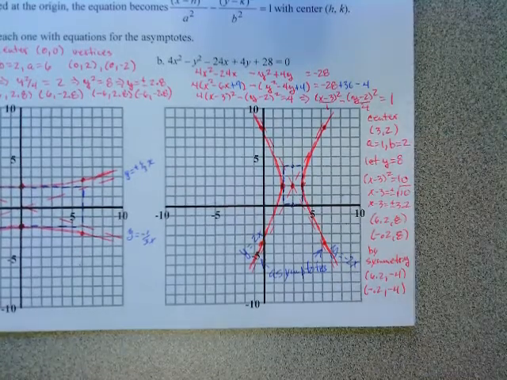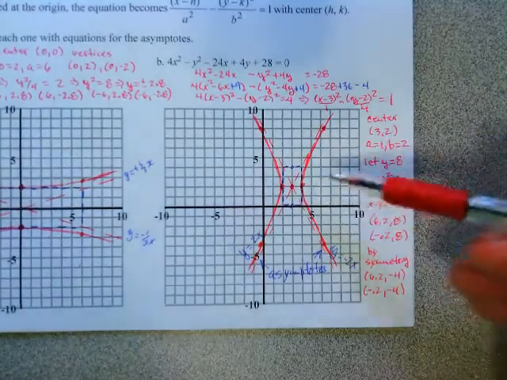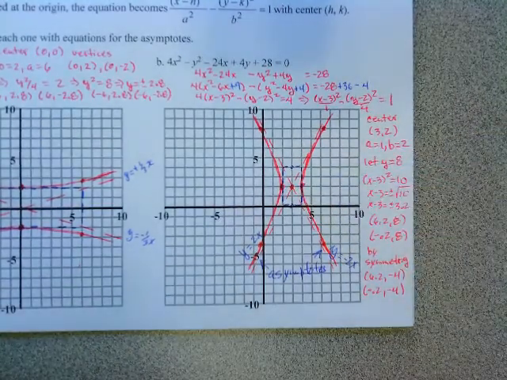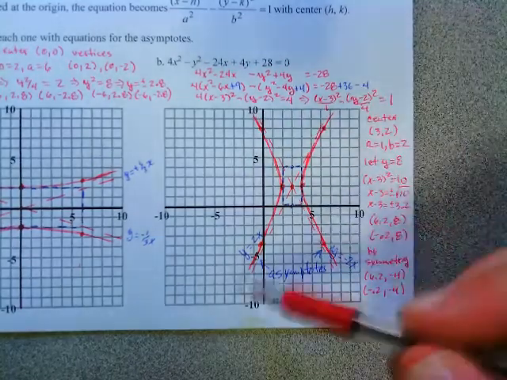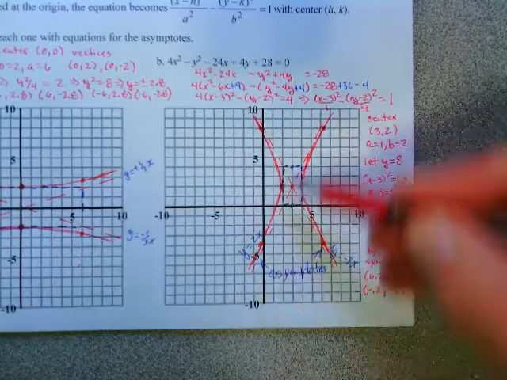So in terms of any quiz or test, I'm only going to ask you to basically find the two vertices and then draw the box, draw the diagonals, and then just sketch so that you know.